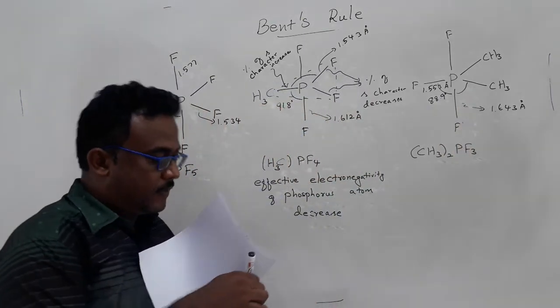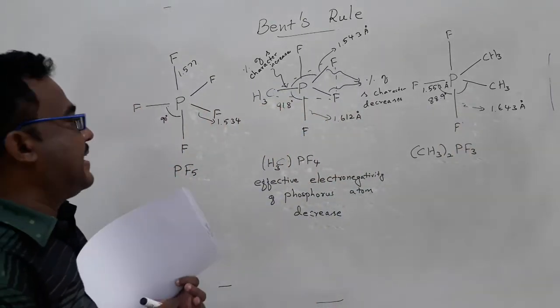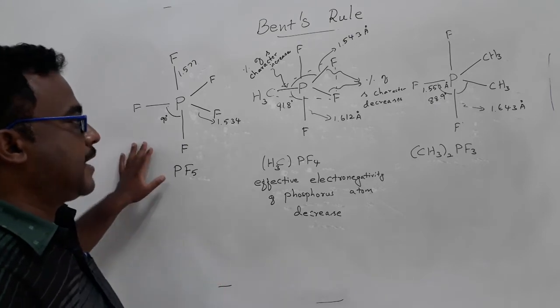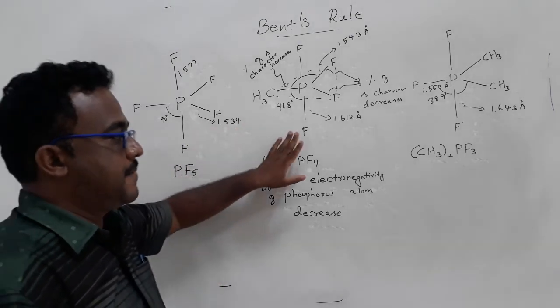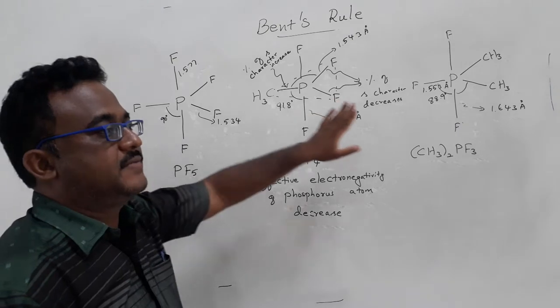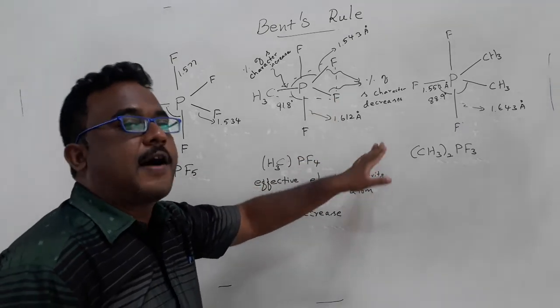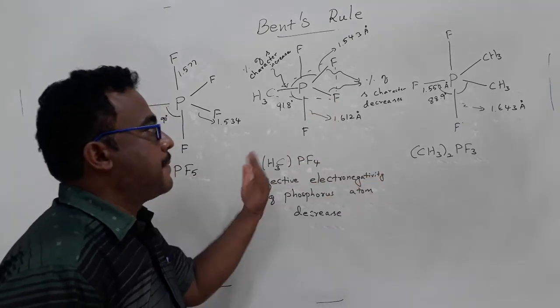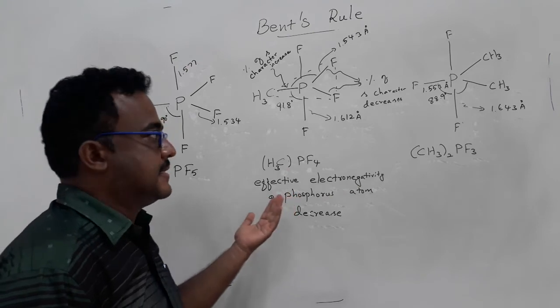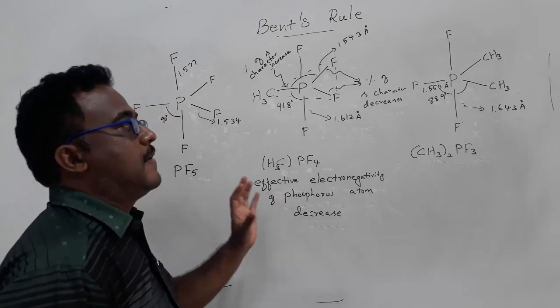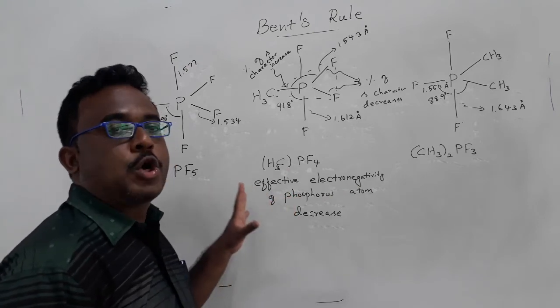Okay. So now we have nicely compared phosphorus pentafluoride with monomethyl substituted as well as dimethyl substituted phosphorus fluorides by their bond lengths and bond angles. It gives a very clear idea about Bent's rule.